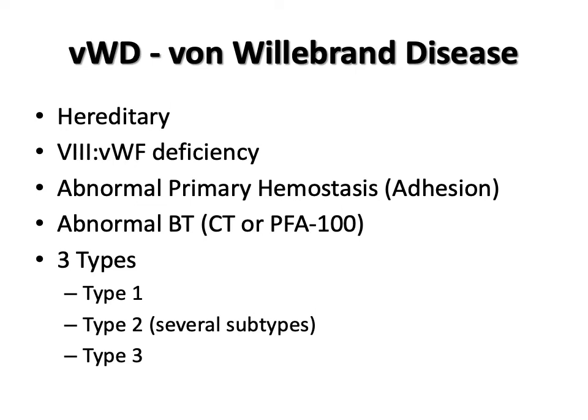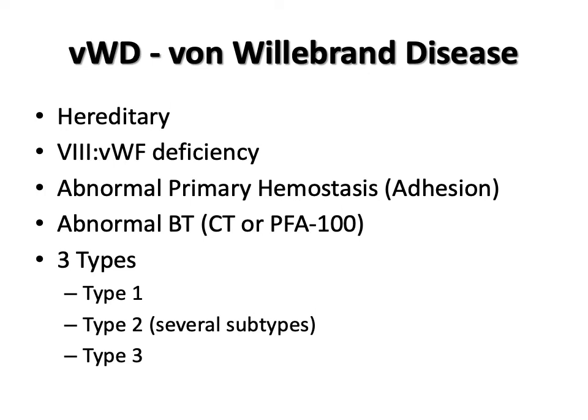There are several subtypes of type 2. Patients with type 2A exhibit abnormal von Willebrand factor multimers, with only the small multimer being present, which results in poor binding to platelets. Type 2B manifests as abnormal von Willebrand factor with an increased binding to platelets.